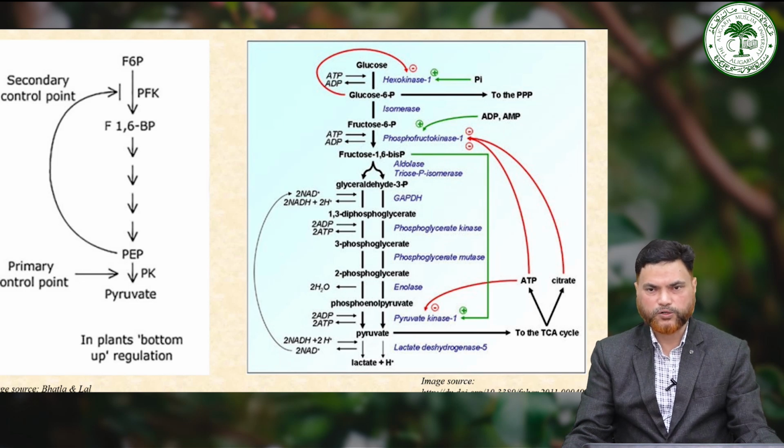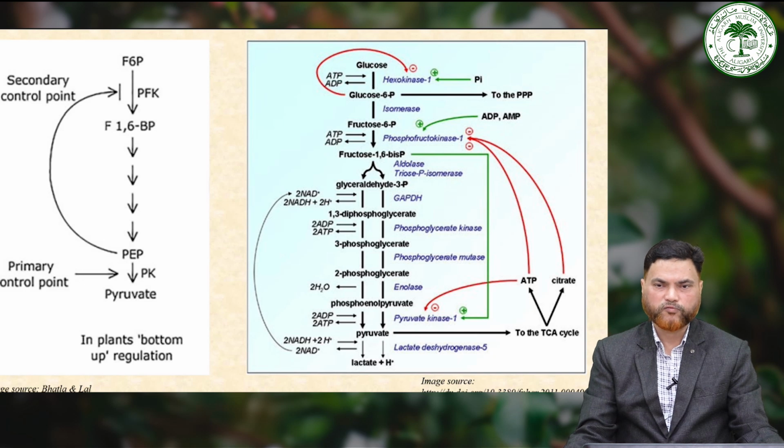This step is controlled by two main enzymes: ATP-dependent phosphofructokinase, that is PFK, and fructose 1,6-bisphosphatase. Plants generally have a unique way of regulating glycolysis called bottom-up regulation, which focuses on the role of pyruvate kinase.